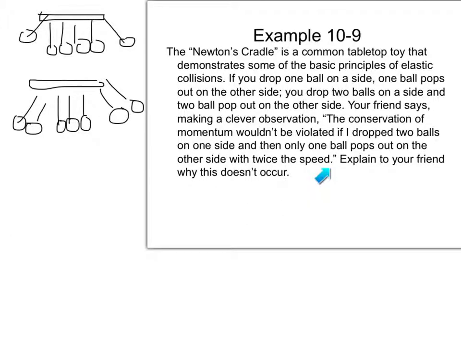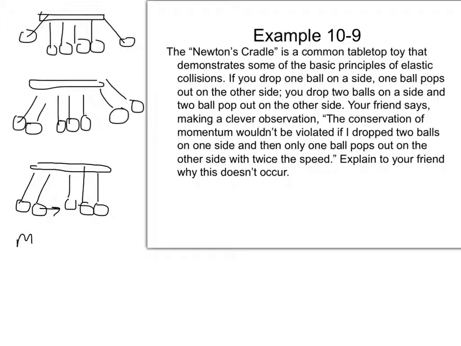So the conservation of momentum says that the mass times the velocity before and after collision have to be the same. So he says, why couldn't this happen? Why couldn't you have 2 of these right here swinging and hitting all the rest of these? It's a certain mass, actually, I'll say two masses, right?